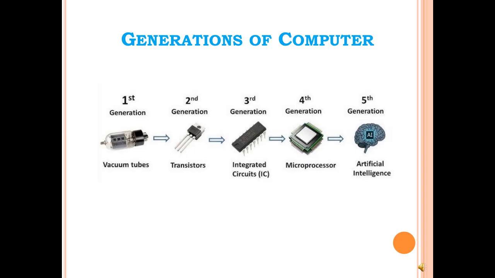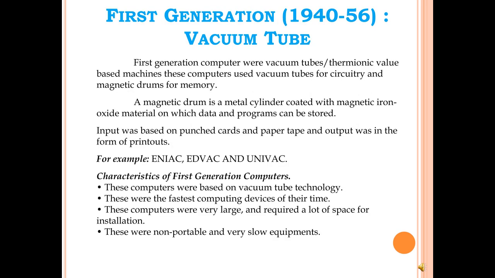Now, let's deep dive into each generation with a few points. So, let's get started. The first generation of computers started from 1940 and lasted until 1956. During that time, the vacuum tube was introduced.